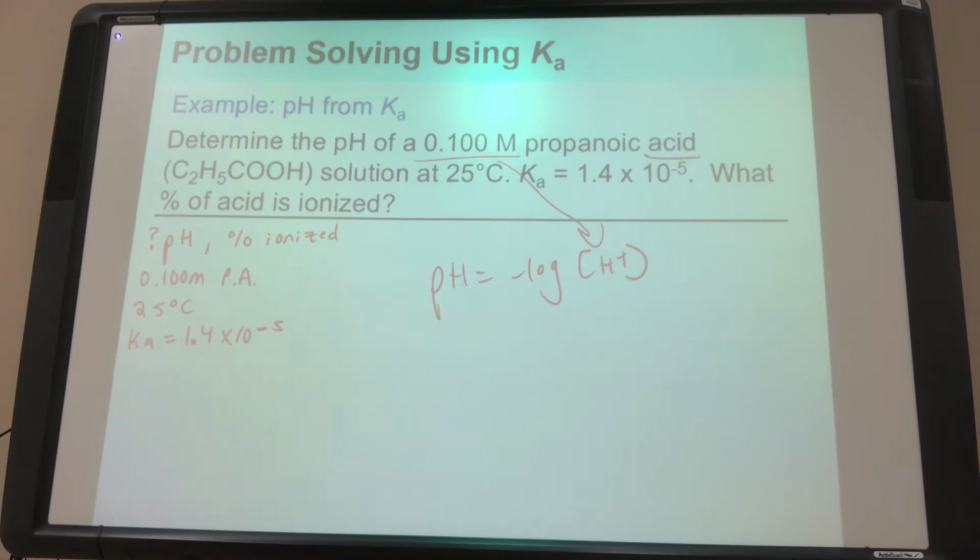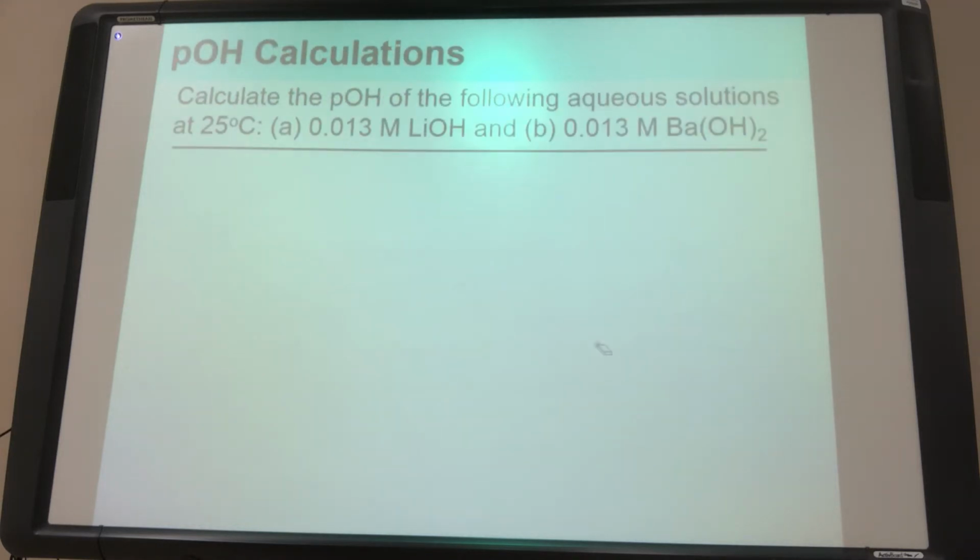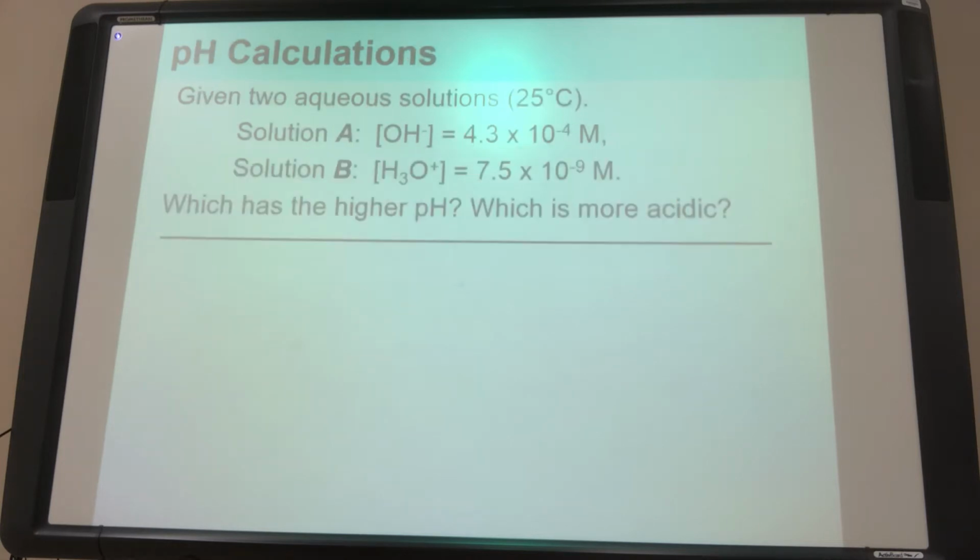Now, this is why I put this problem in there. I can do that only if this is a strong acid. So the only time you can directly do these problems is if they're strong. So we did like back here, when we just directly found the pOH, these were strong bases.